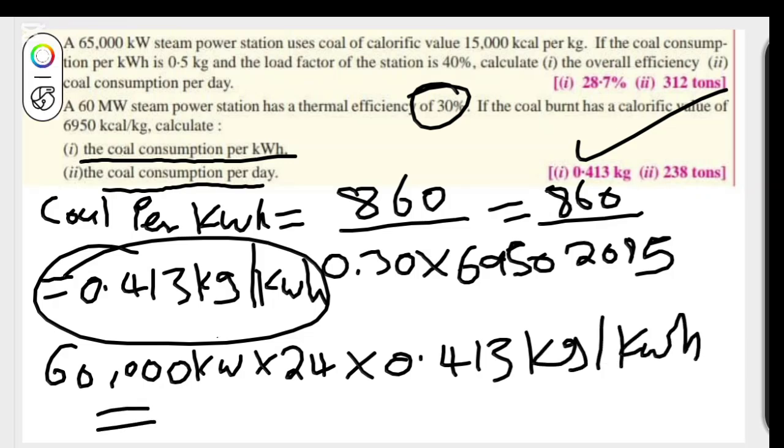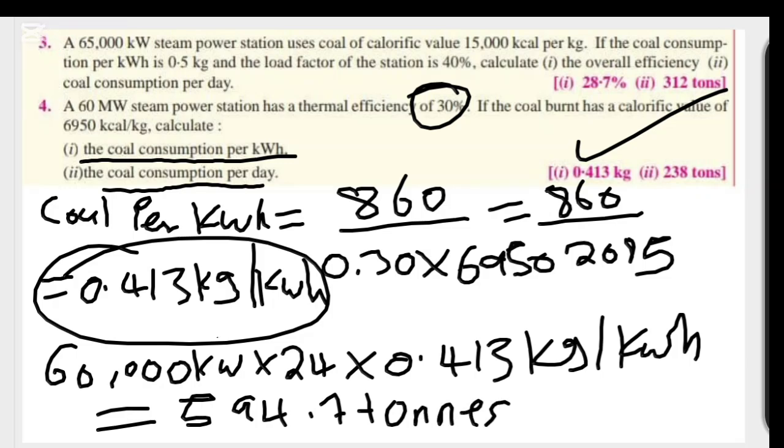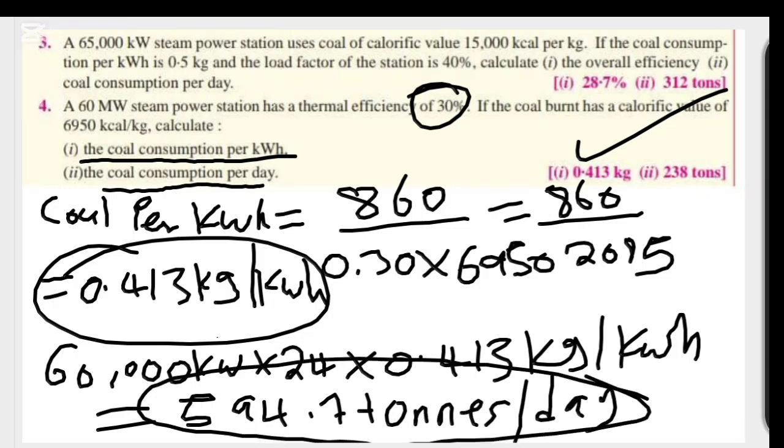So it is the same thing as well. Let me calculate it and see what I'm going to get. 60 times 10 raised to the power of 3 multiplied by 24 times 0.130, and I'll get 594.7, which is 0.7 tons per day. So did we get the right answer?